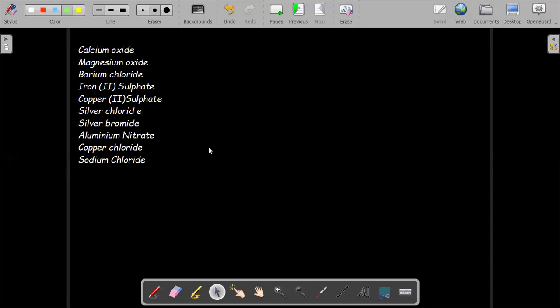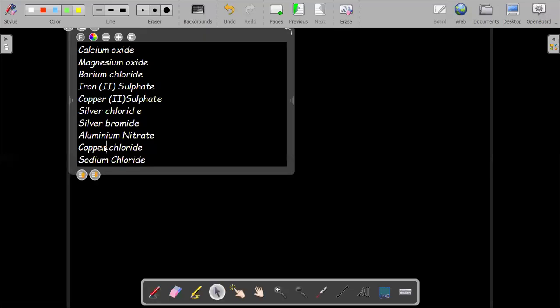Those who have made them, that's very good. You just keep a check, and finally you will tell how many. Yes, one doubt. Copper chloride, which one? Copper 2. Okay, sir. So this is copper 2.